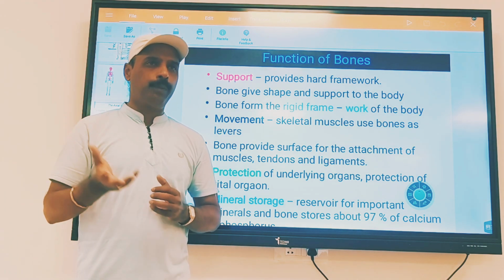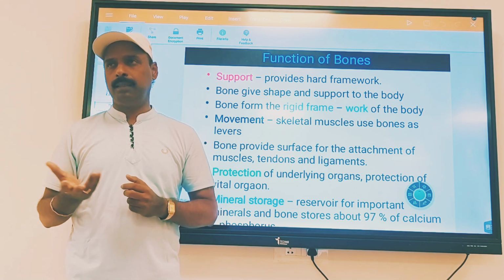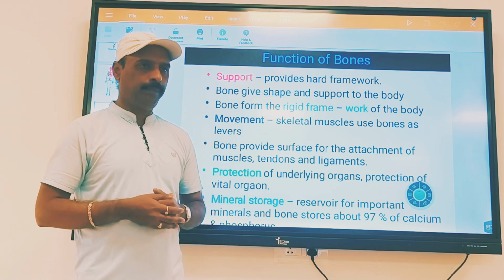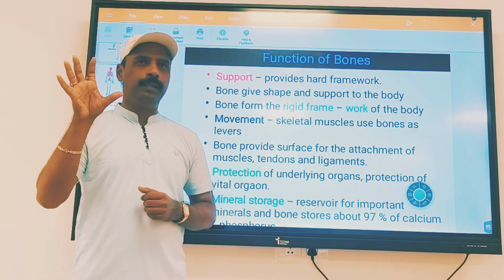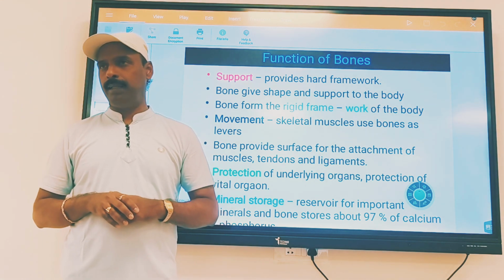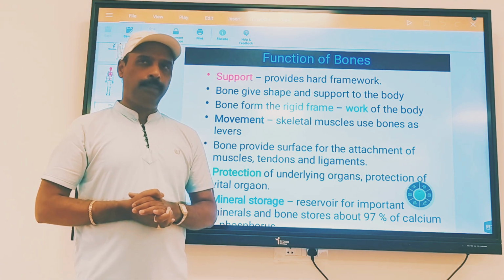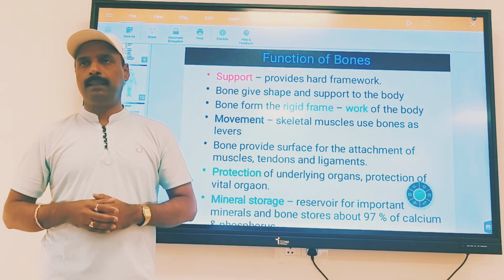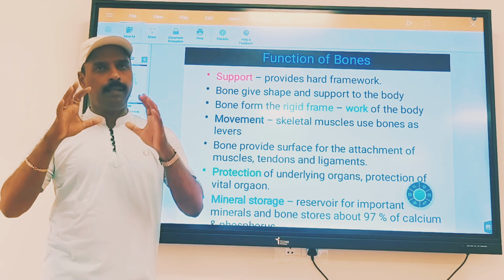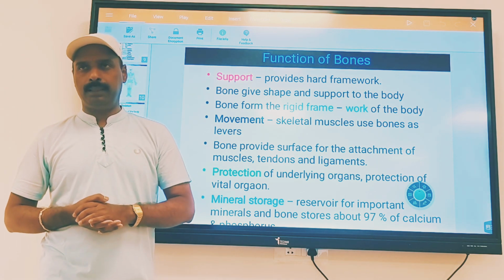Skull, brain protection. Thoracic cage, heart and lungs protection. Those are all the vital organs, kept under the covering of the bone. Very important, you have to remember the bones are protecting the vital organs.